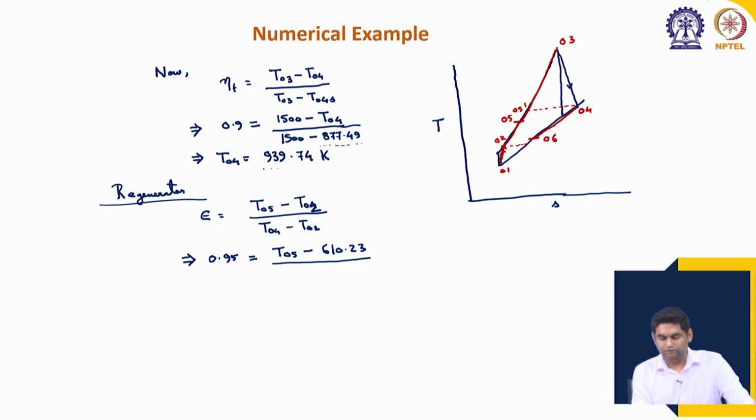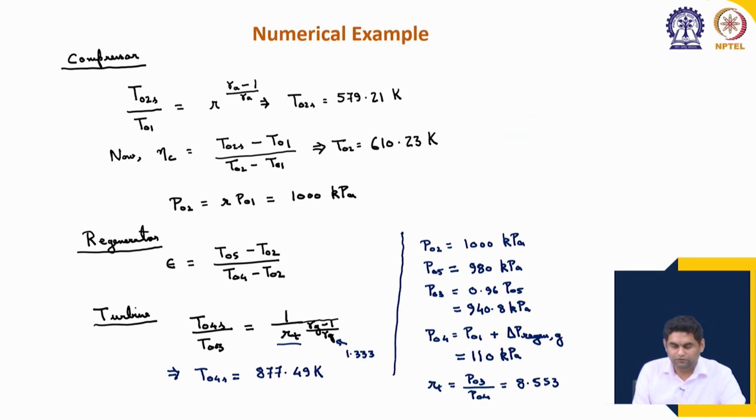T04 just now we have calculated, 939.74 minus 610.23. So, this gives us a value of T05, which is very important because this is the inlet temperature to the combustion chamber. Okay, so, this T05 comes out to be equal to 923.26 Kelvin.